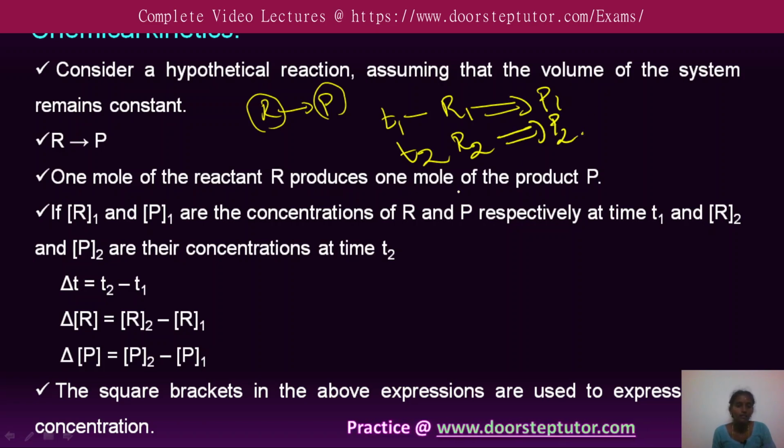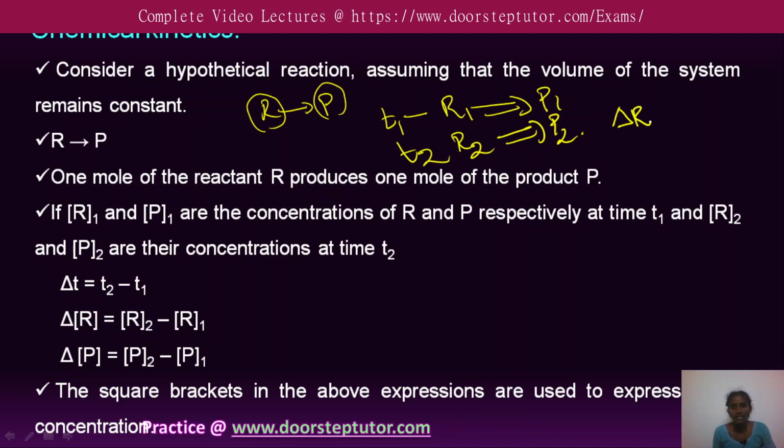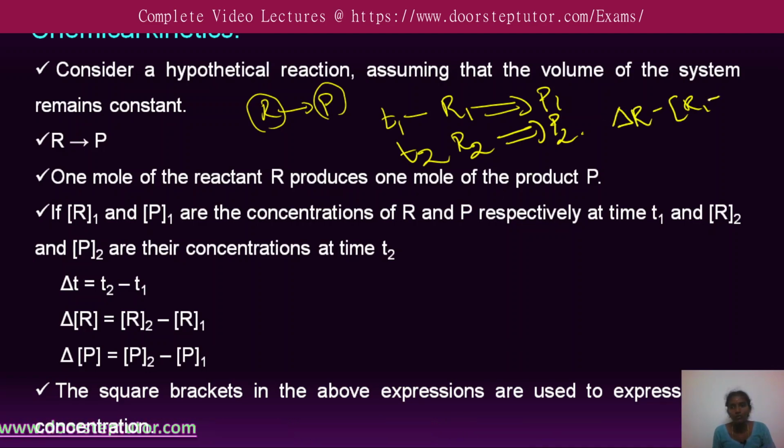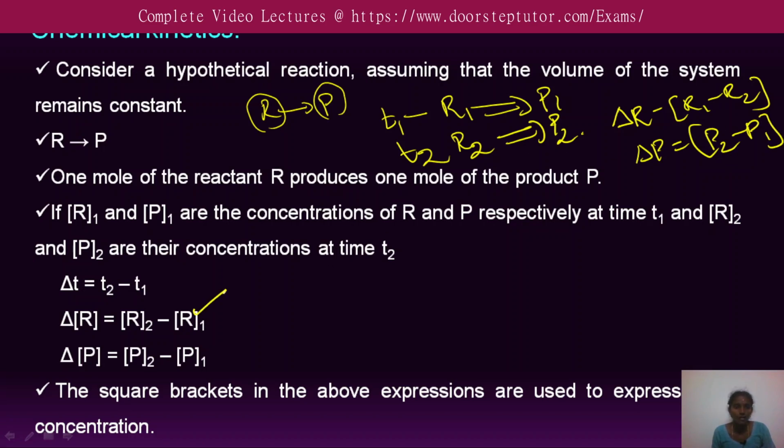So in order to determine the rate, here the change in the reactant, del R, is the concentration R1 minus R2, whereas the change in the product is P2 minus P1. Each square bracket indicates the molar concentration of the reactant as well as the product.